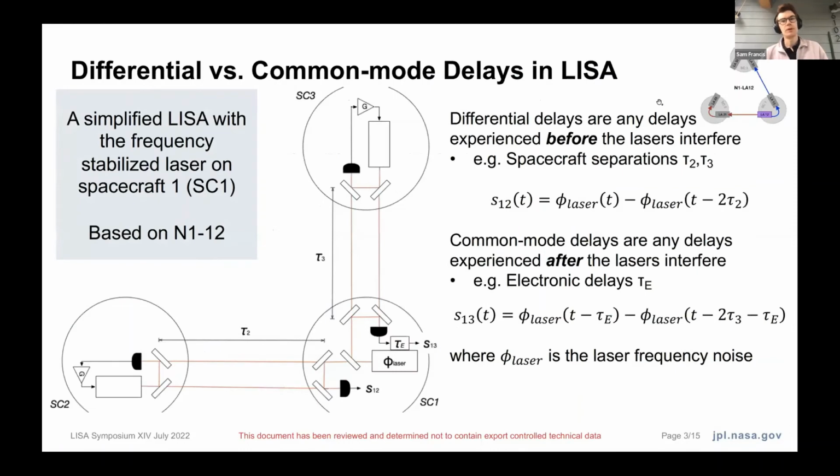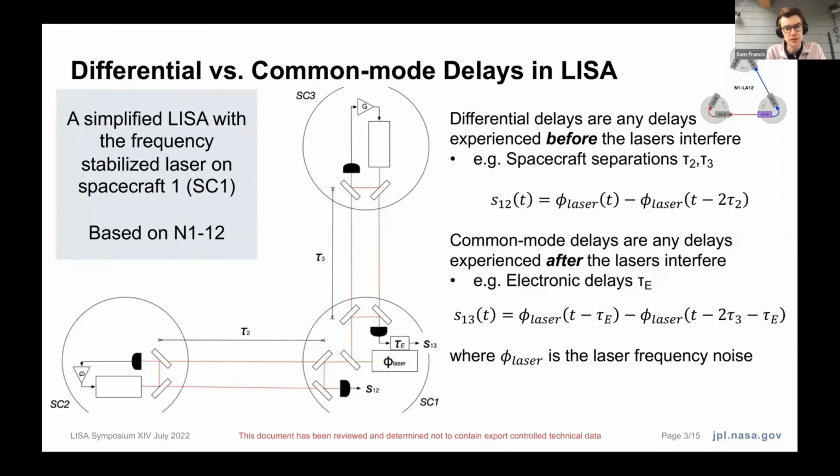Okay, so let's look at a simplified LISA diagram to further explain the difference between these two types of delays. This is a simplified LISA based on the N1, 12 phase locking configuration. In this configuration, down on spacecraft 1 at the bottom right, we have laser 12 frequency stabilized.